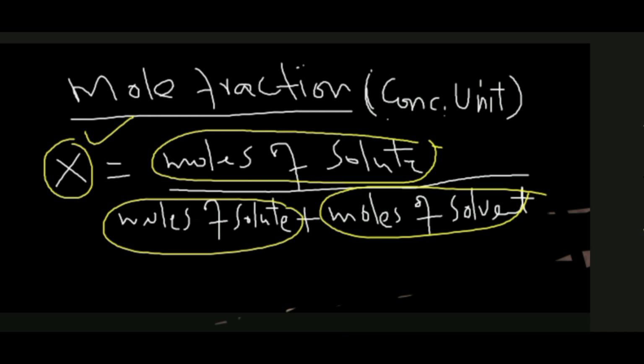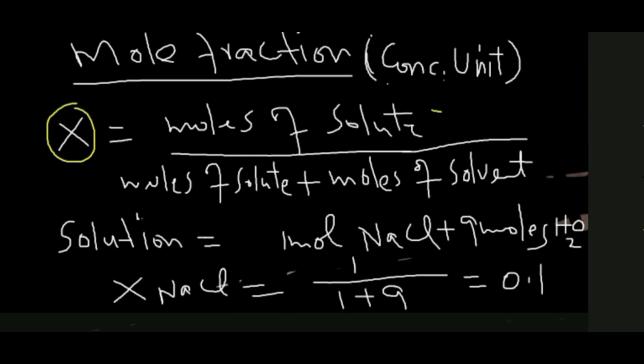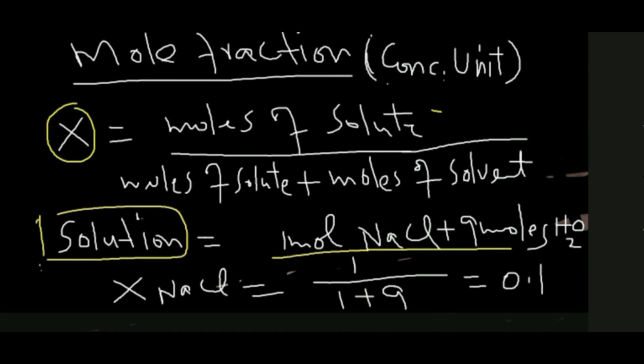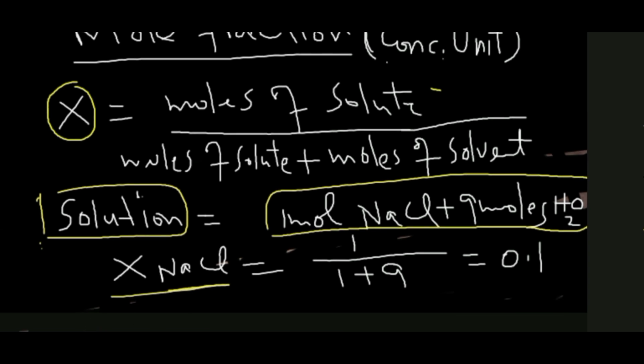So if we have a solution that contains 1 mole of sodium chloride and 9 moles of water, the mole fraction of this solution will be, as we know, mole fraction is equal to moles of solute.